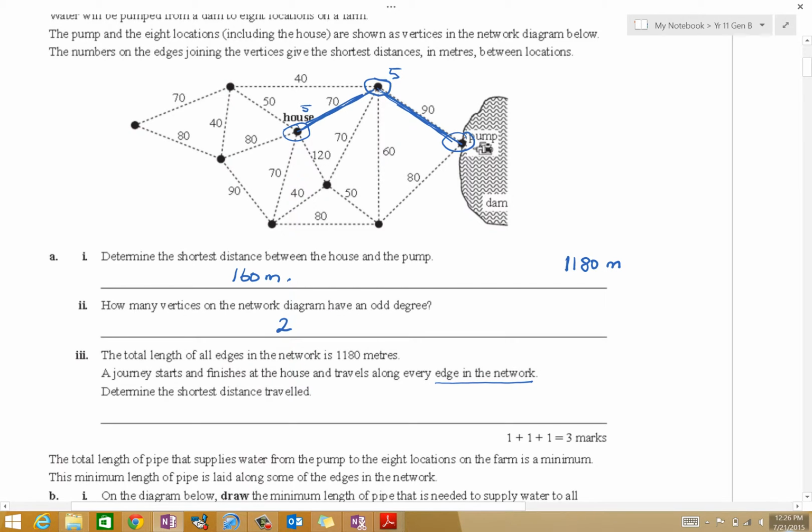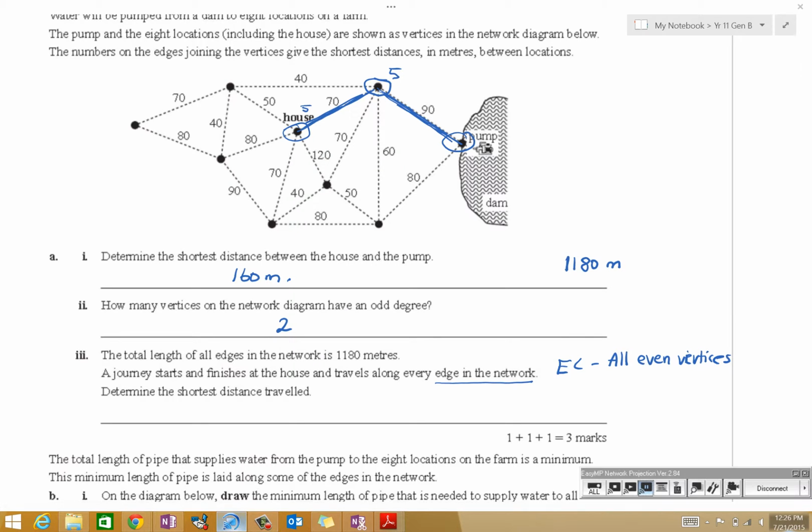Doesn't a Euler circuit have to be all even vertices? No, 2 odds is a Euler path. Sorry, so all even vertices is for a Euler circuit.